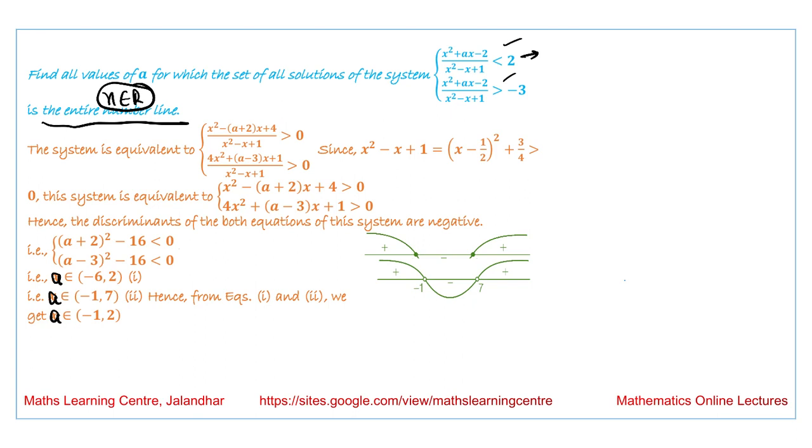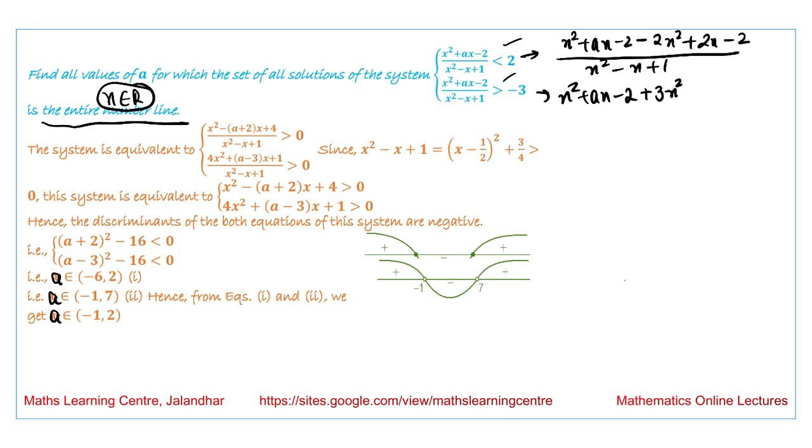this term. If we look at it, it is x square plus ax minus 2 minus (2x square plus 2x minus 2) divided by x square minus x plus 1, and this is equivalent to x square plus ax minus 2, then it is plus (3x square minus 3x plus 3) divided by x square minus x plus 1.